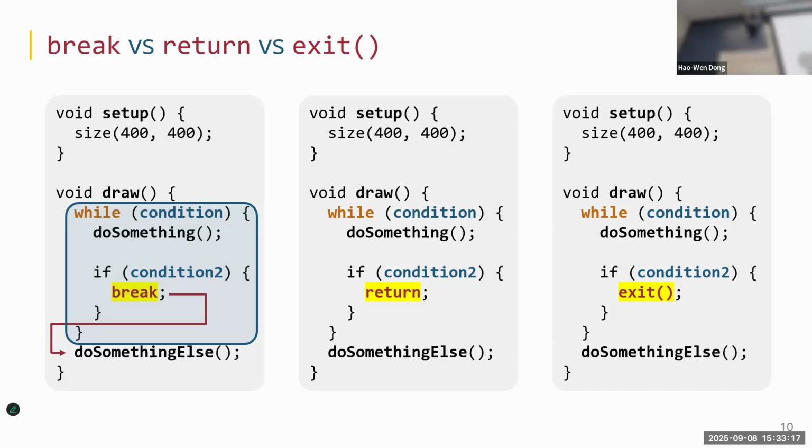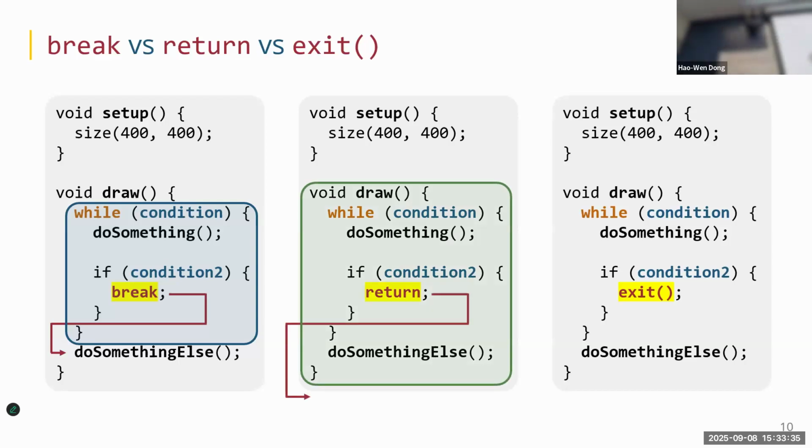The while loop is not the function; the function here is the draw function. So return will completely cut off the whole draw function. Once it detects this, if condition 2 is true, it will just jump out of this function, so the do something else part won't even be executed. So there's a difference between break and return.